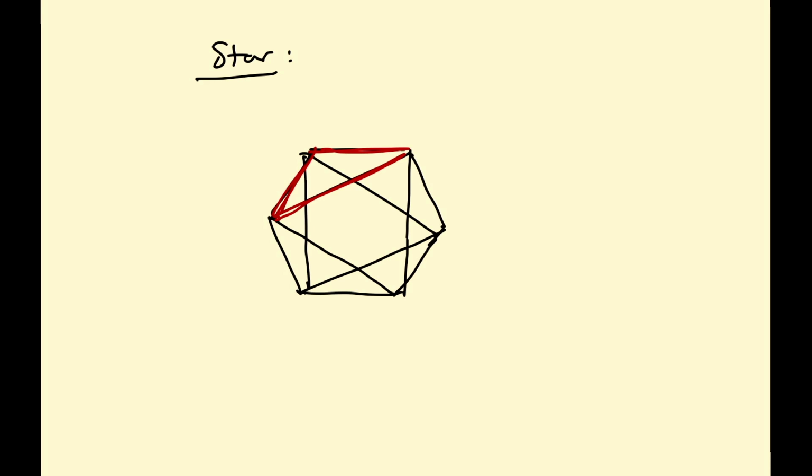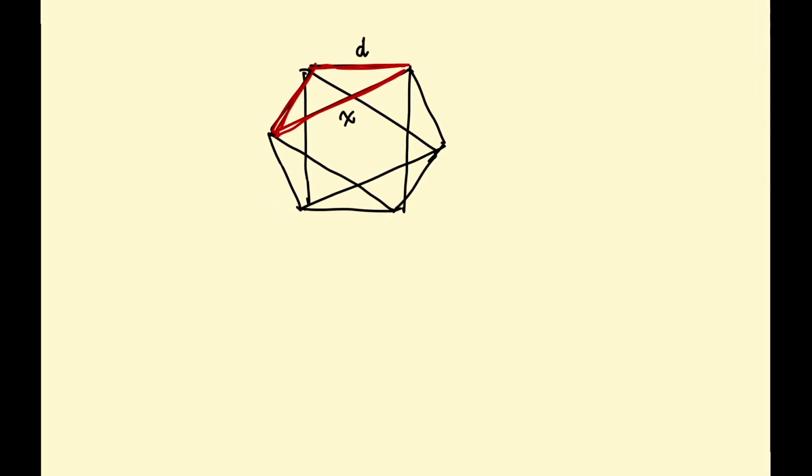And if I call this length x and this length d, well, d is the same as the length of the side of a polygon, and we've already figured out that math. So how do I figure out that side length x? Well, let me draw a copy of this triangle. What is this angle here?